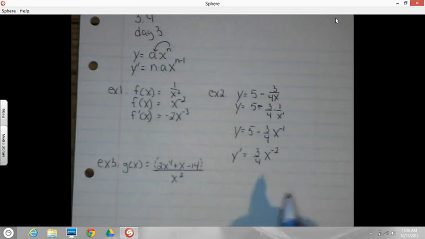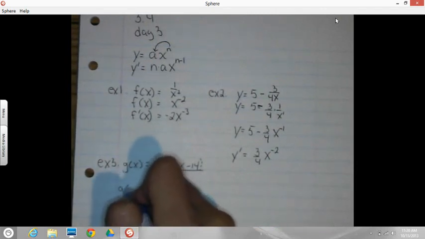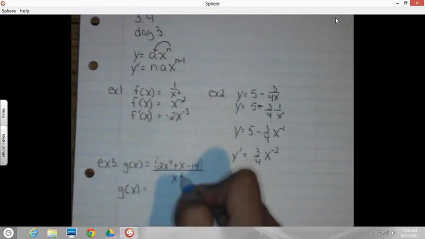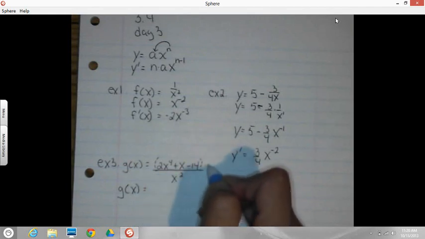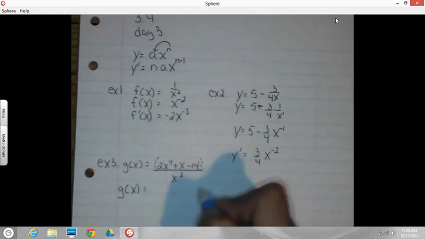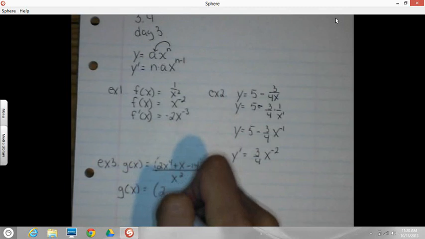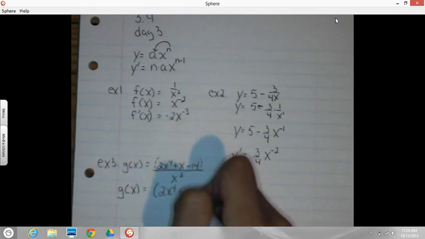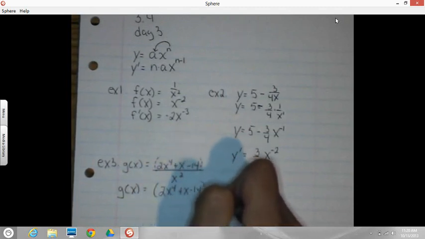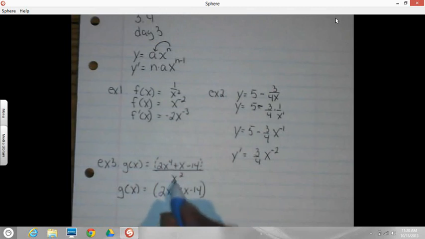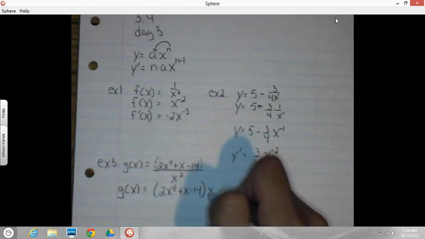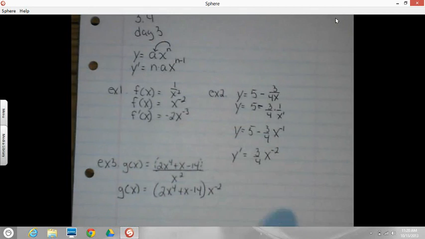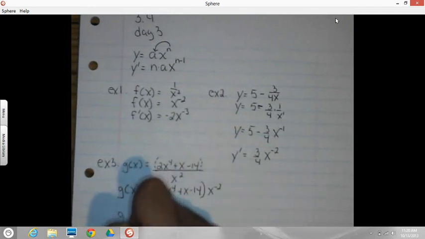And I think the easiest way to do that is to rewrite this as a negative exponent to bring it up and then distribute it in. So the numerator stays 2x to the 4th plus x minus 14 in parentheses, and then I can bring up the x squared as x to the negative 2. And now I can just distribute that in, then I'll be ready for derivative after that.